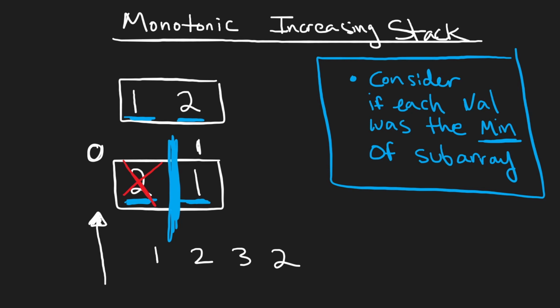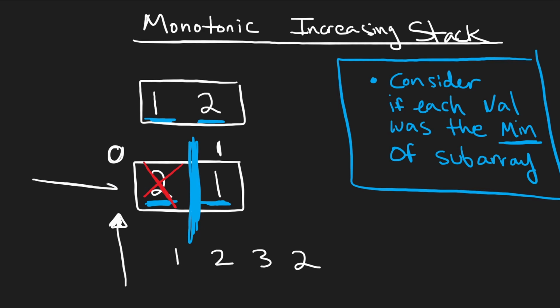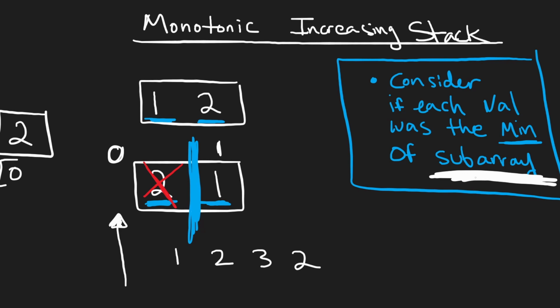This is index 1. So basically what we're saying here is for this 2 value, which happened to be the minimum of that subarray, it went all the way from index 0 up until index 1, but not including index 1. So once we pop this 2, we want to know what's the max subarray that it was a part of, and then compute what the minimum product of that subarray was.